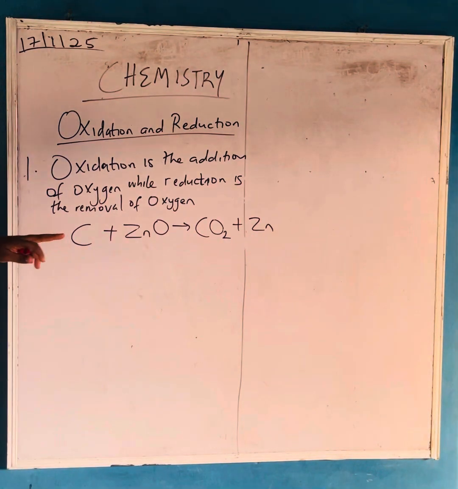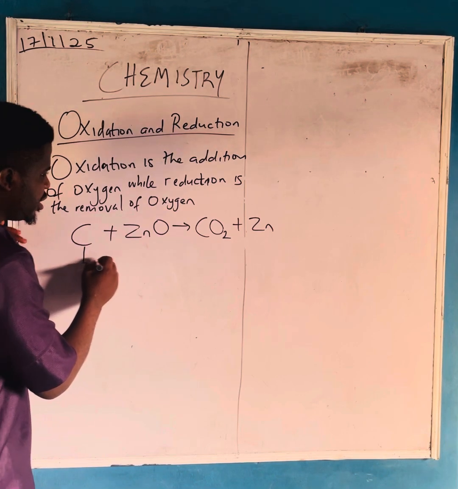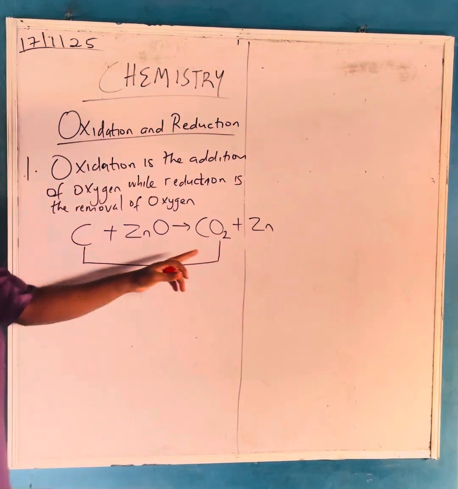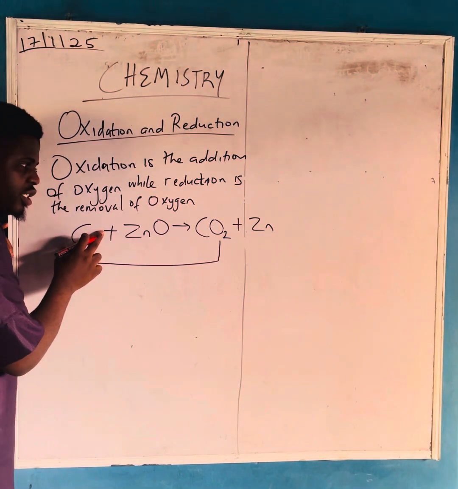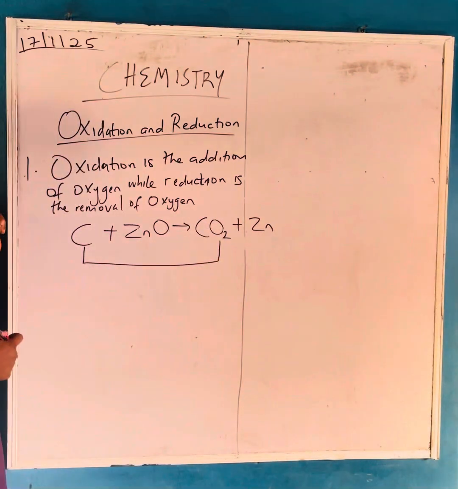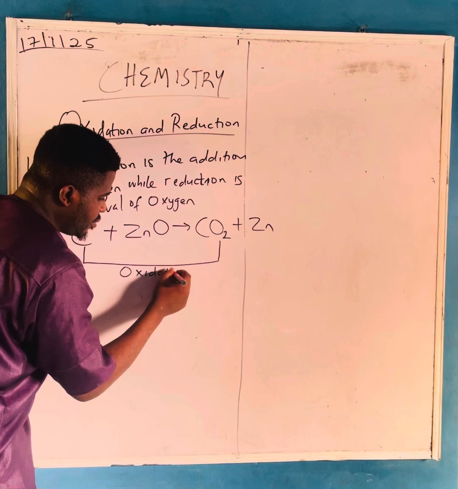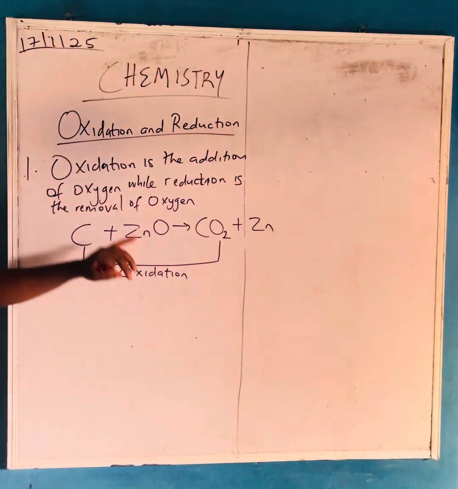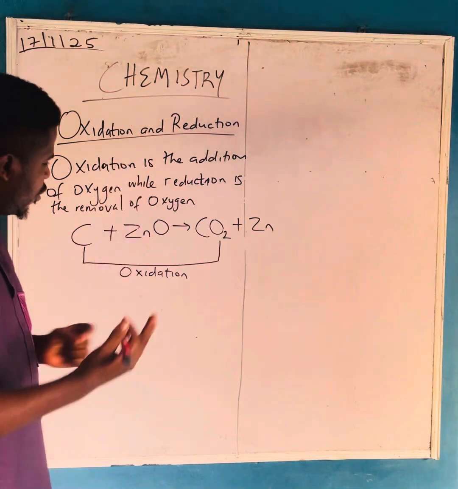So if you notice something here, oxygen is being added to carbon. In this place, there is no oxygen here, but oxygen has been added here. So we say that oxidation is occurring. So this is oxidation, addition of oxygen. So oxidation is the addition of oxygen.